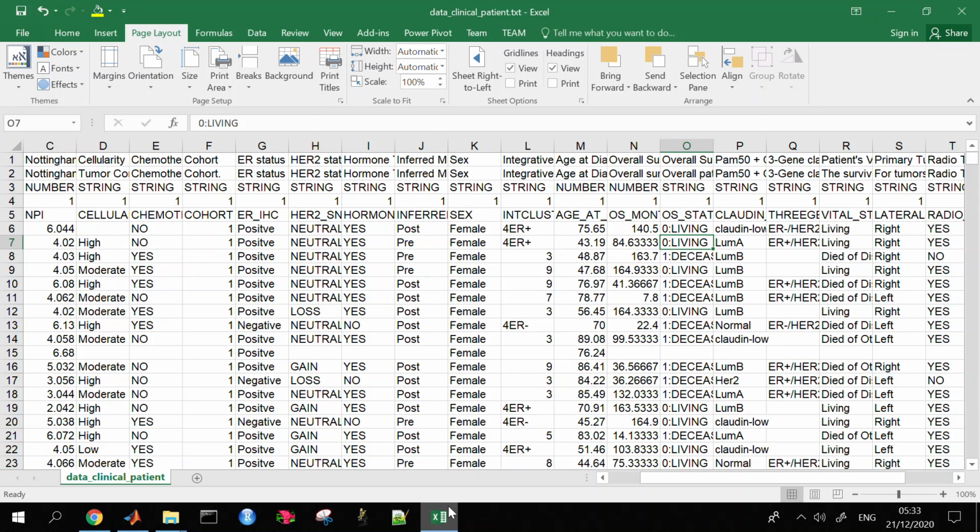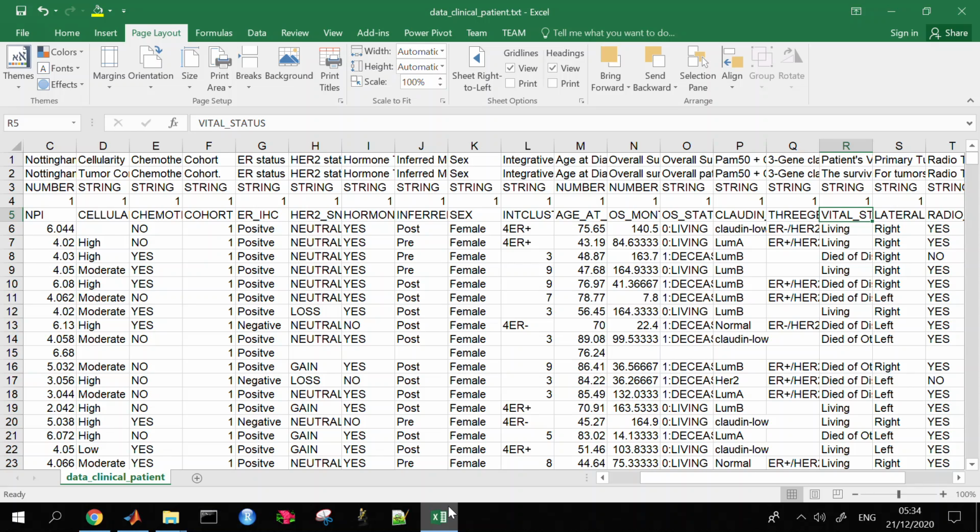And the overall survival status is written as if from the first diagnosis of the patient until they finish their follow-up or they die. You also have this column.